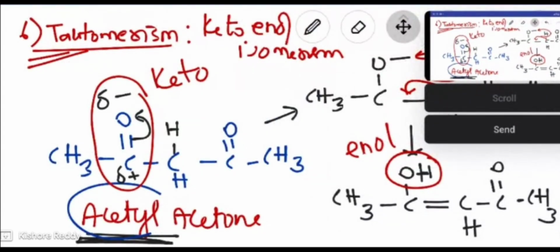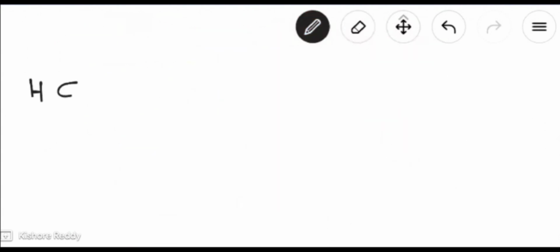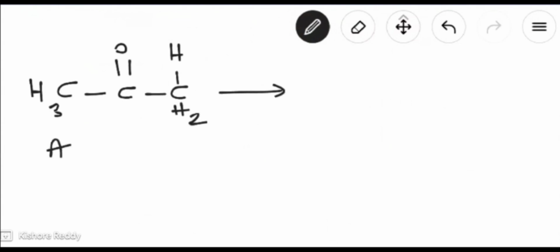I'll give you some more examples also. Acetone alone you take. Directly, you take CH3 dash C double bond O dash. We can take as such also, not an issue. Can we write like this? Is it okay? Acetone. Now, once again, you know very well, oxygen is having more electronegativity. Therefore, what will happen? It will attract the shared pair of electron towards itself.